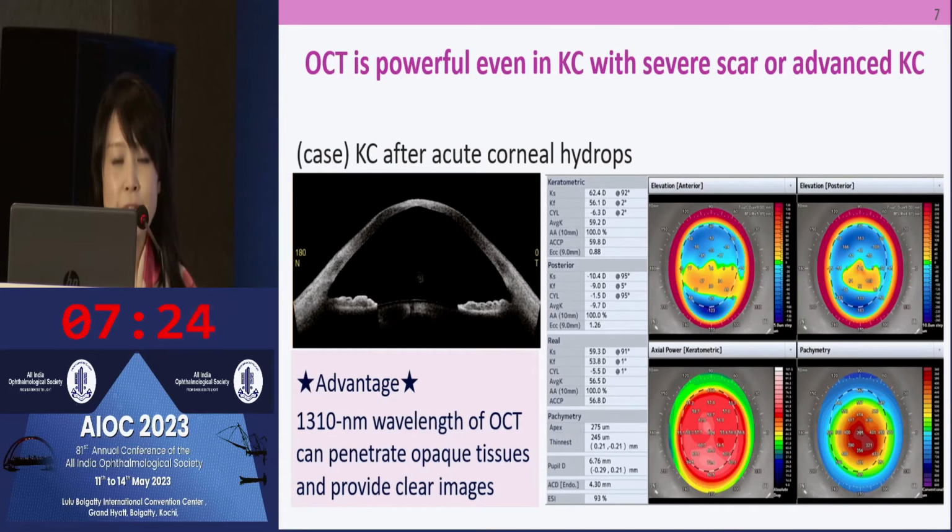Shown here is a keratoconic eye after acute corneal hydrops. Usually corneal haze or scarring makes imaging very difficult, and we usually cannot get a good image from that eye. But the OCT uses a 1310 nanometer wavelength, so it can penetrate opaque tissues and provide clear images. This is the advantage of using OCT.